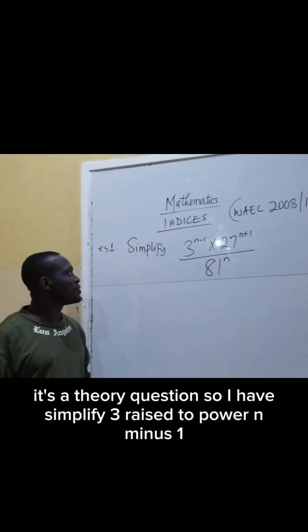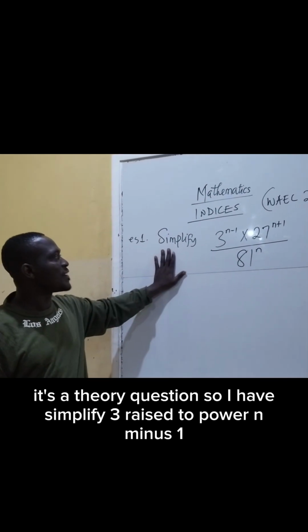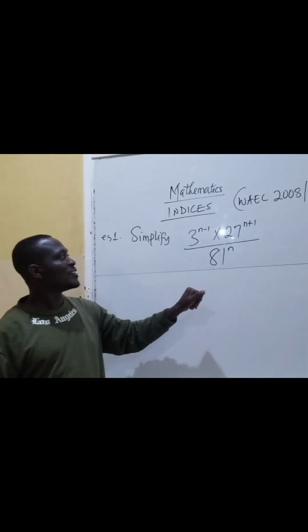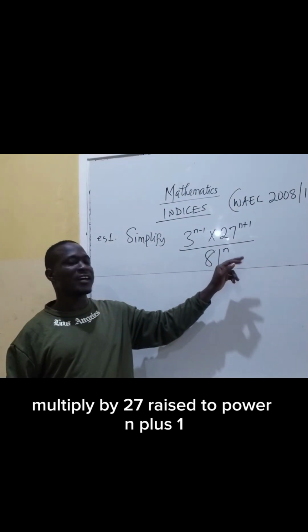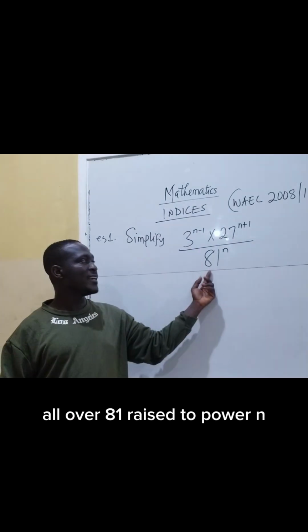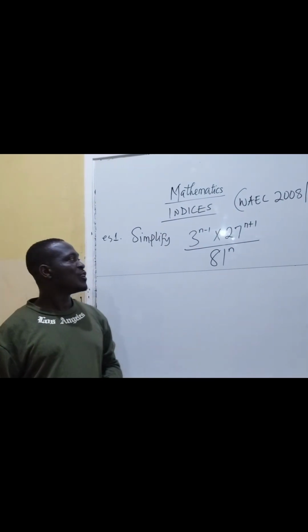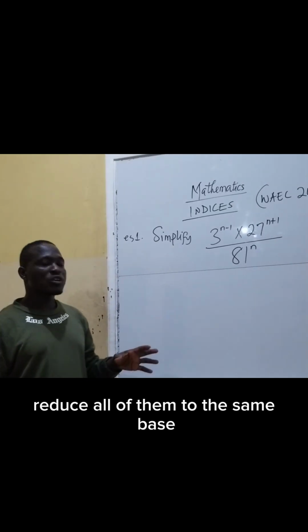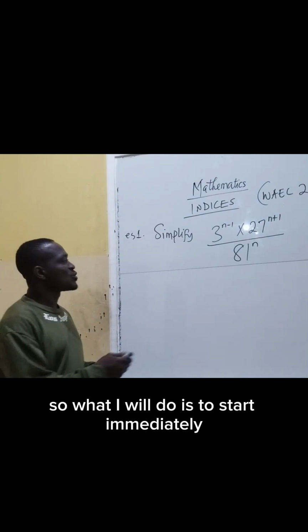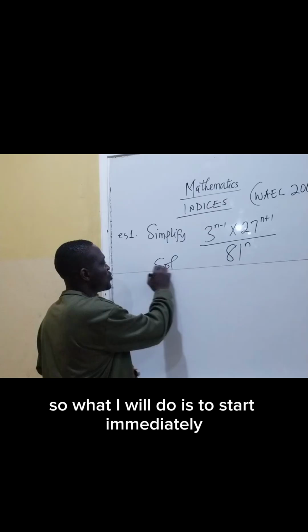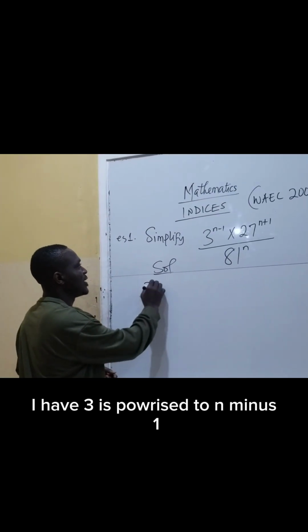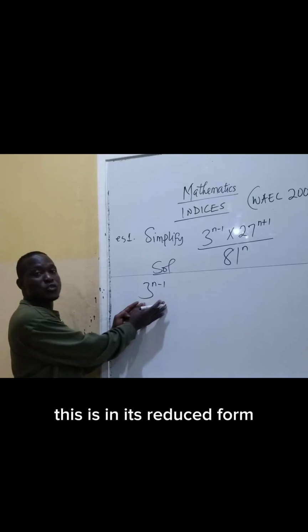So I have: simplify 3 raised to power n minus 1 multiplied by 27 raised to power n plus 1, all over 81 raised to power n. What I will do in this case is to reduce all of them to the same base. I have 3 raised to power n minus 1, which is in its reduced form.